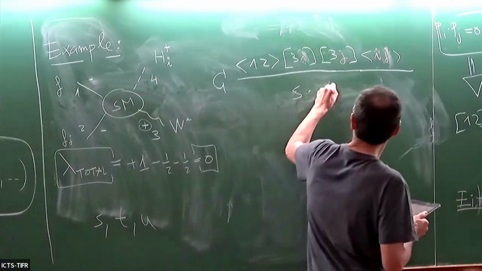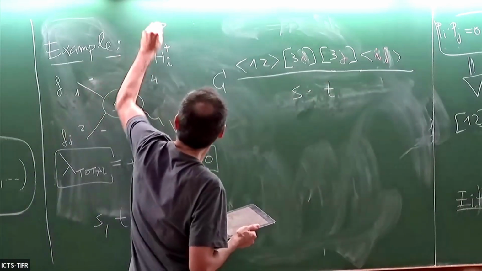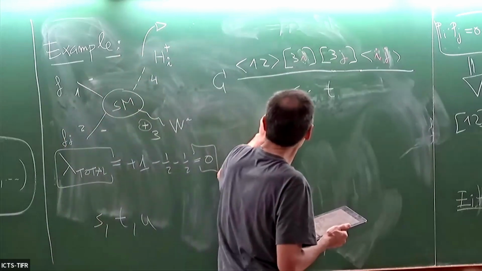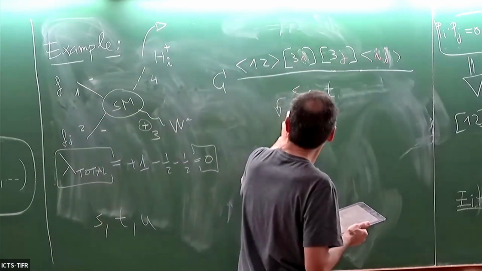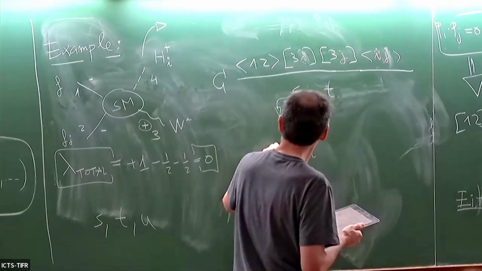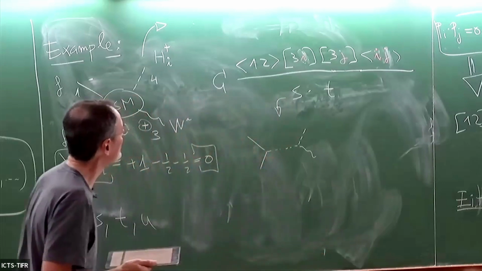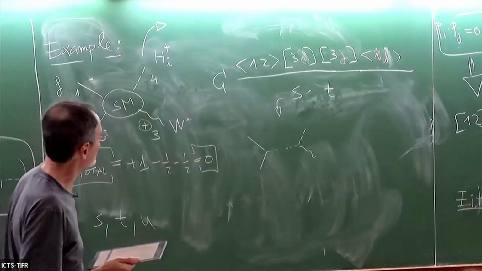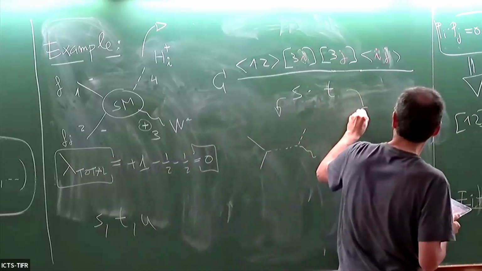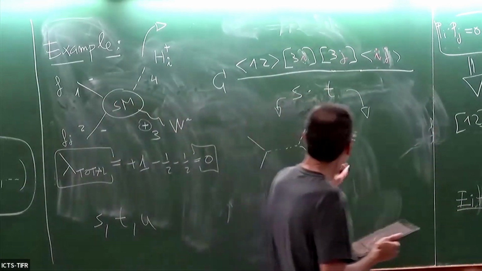Let me put T, because I can feel that there should be some diagram that looks like this: when S goes to 0, it will be associated with a pole in the S channel, and when T goes to 0, this will be associated with a pole in the T channel.